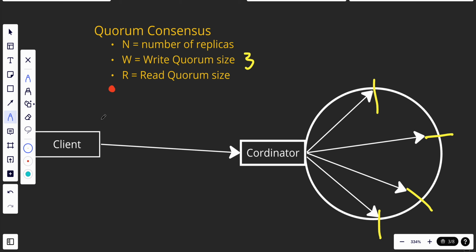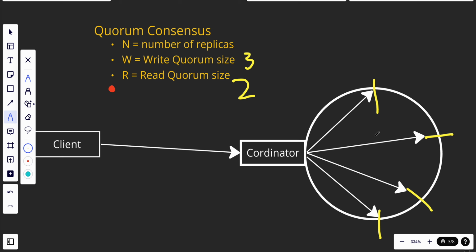The same applies to reads. If R is 2 and the client tries to make a read operation, the quorum size for the read is 2, so the coordinator is waiting for two responses from two nodes to consider this operation successful or not.